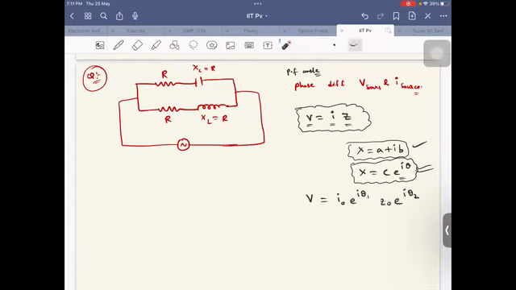Now the V magnitude can be written as I naught Z naught, just like complex numbers, e power of i of theta 1 plus theta 2. Now if I ask what is the angle or argument of V, what will you tell? Theta 1 plus theta 2. The magnitude is I naught into Z naught, the magnitudes of current and impedance.